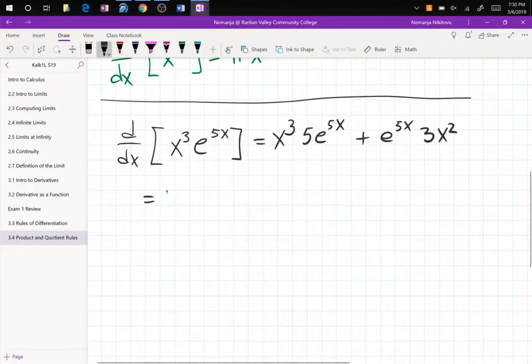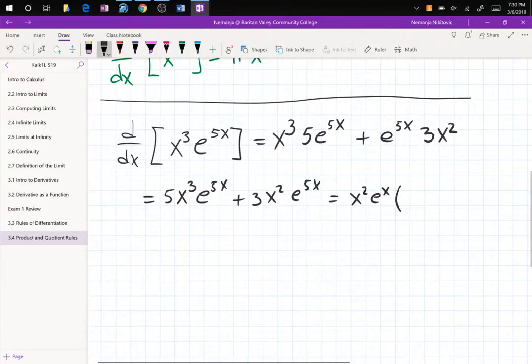So we are going to write 5x cubed e to the 5x plus 3x squared e to the 5x, and then we're going to factor whatever we can. Clearly, x squared e to the 5x can be kicked out. We are left with 5x on the first plus 3 from the second.